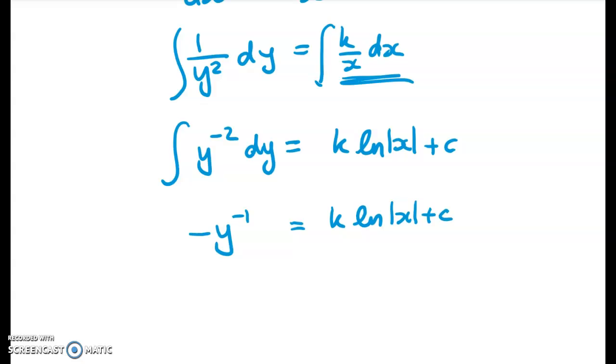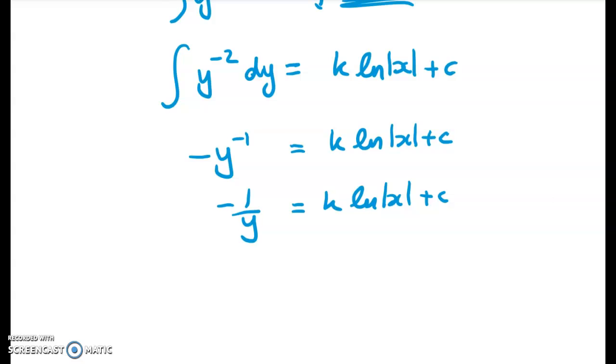So let's see what we've got. Well, we've got negative 1 over y is equal to k times the log of x plus c. I'm going to rearrange this now. I'll start by 1 over y is equal to negative k log x.